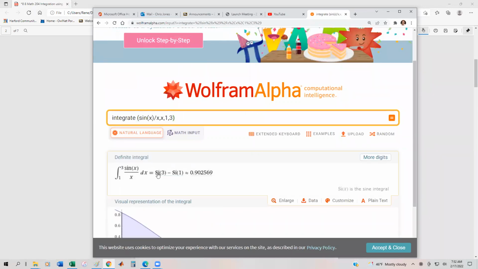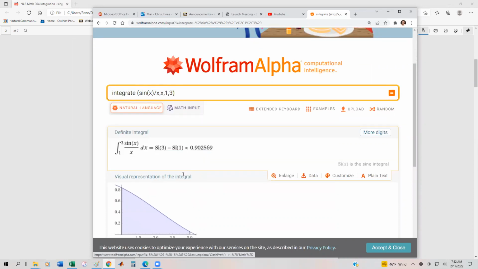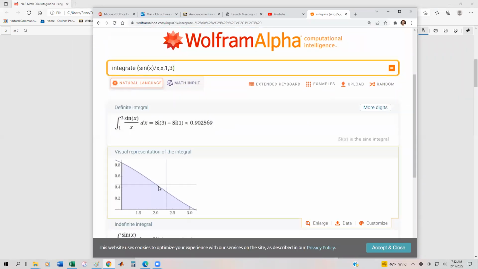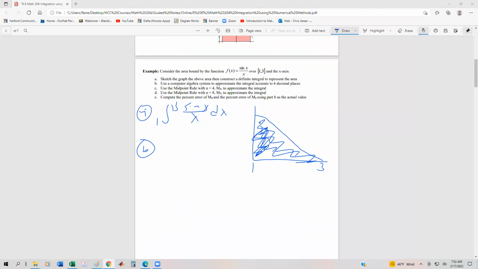It's going to give you the Si function, but it's going to give you these values right here. It also gives you the area below the representation. So you could literally just type this in and get all 3 parts of A and B, because here's the integral, and here's the approximation for that integral. The approximation for the integral is 0.902569. That's for B, and the other 2 parts are for A.